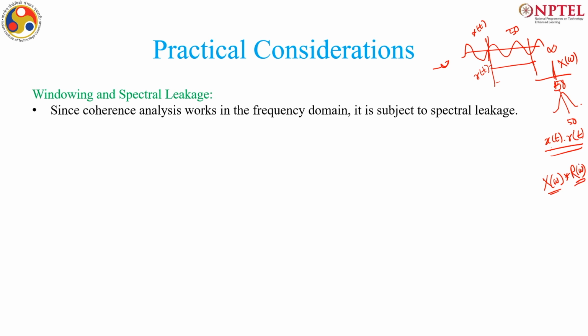R of omega is the Fourier transform of this rectangular window, which is of a sinc nature. So, this is the Fourier transform amplitude; the magnitude spectrum will be something like this. If you convolve this with this, you should get something like this.